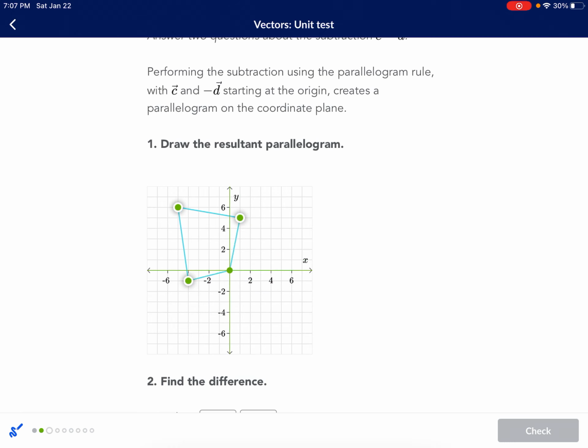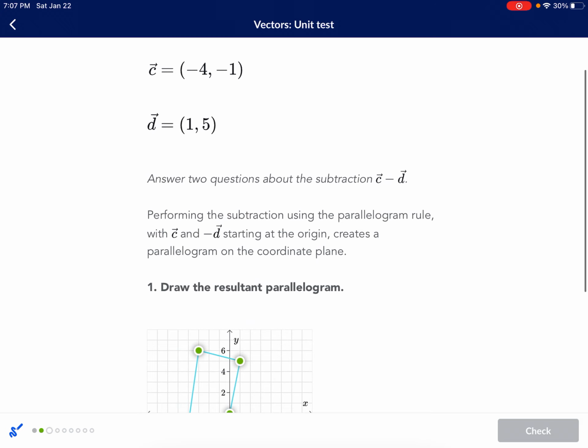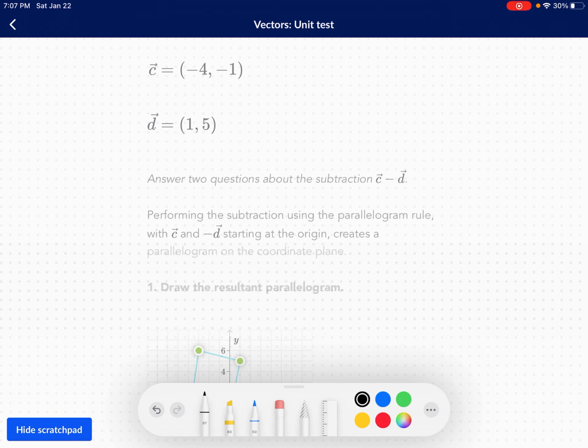Okay, so when you subtract vector c minus vector d, so negative 4 minus 1, and negative 1 minus 5.